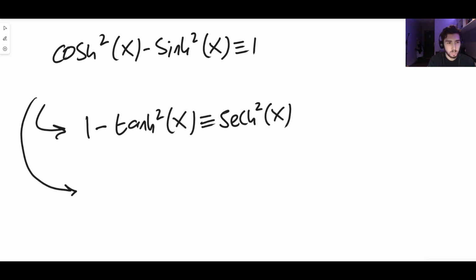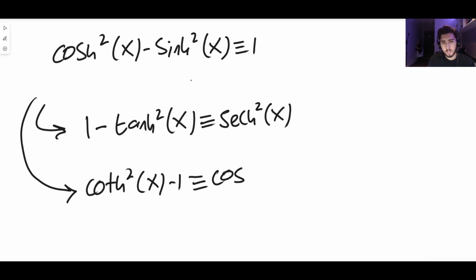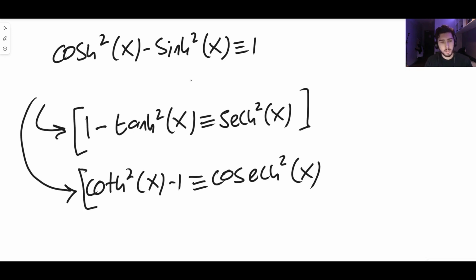And if we divide everything by sine squared, we get coth squared x minus 1 is identical to cosec squared x. So these are the two other identities. You might recognize their trigonometric versions as well. You'll notice again that these are the same as the corresponding trigonometric ones, with one difference.